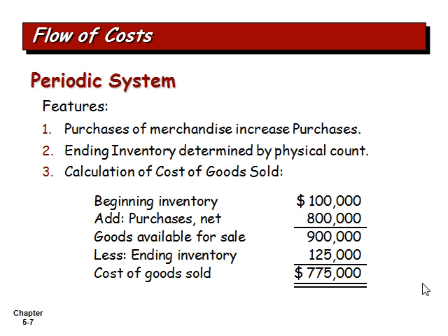That means we've got 900,000 available for sale. And when we went out and counted, we counted $125,000 worth of goods. So that means we must have sold 775,000. Some people argue at this point it must mean you sold that much, or you sold and people stole that much. But we at least had that much go out the door, whether we sold it or it got heisted.